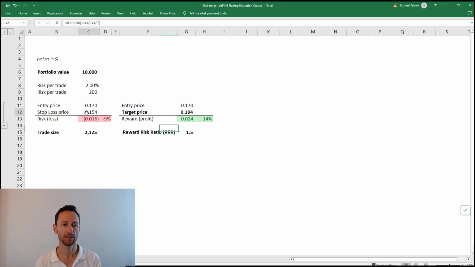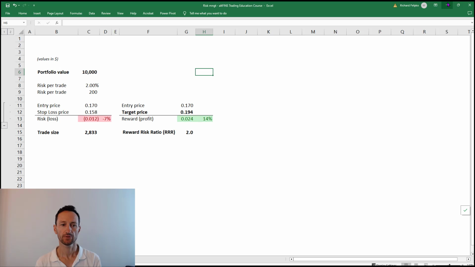Now I could make the stop loss price higher, maybe 16 cents, or less than that. Okay, I'm getting there. So that could be my stop loss price instead, and that would make that reward to risk ratio 2 to 1.